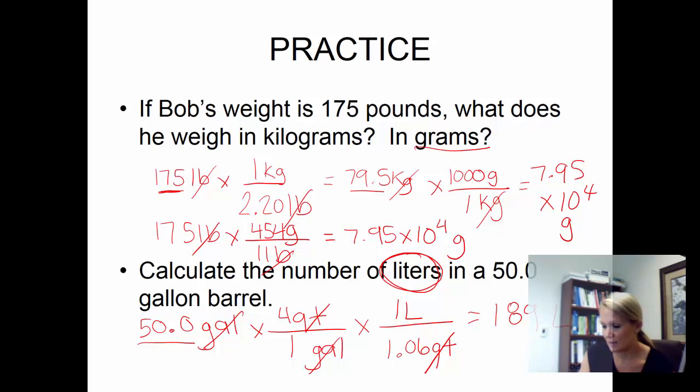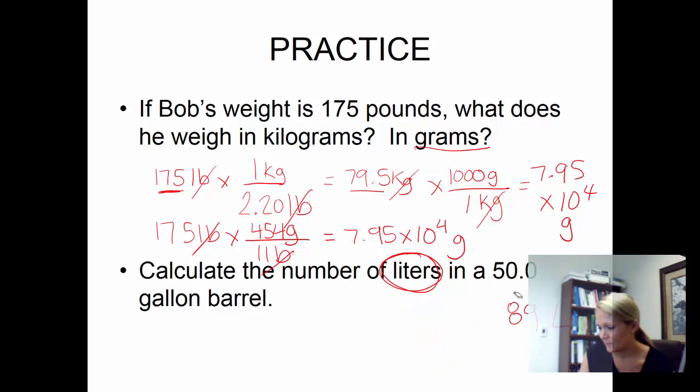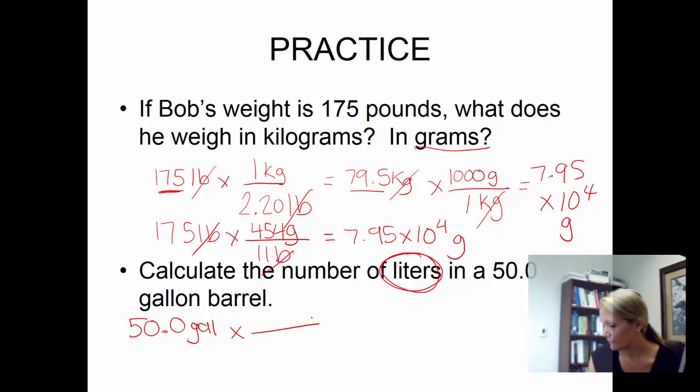If y'all bear with me real quick, I'm going to erase this. Okay, so there's another way, and both ways are fine. In 1 gallon there are 4 quarts. So I'll do the same thing there that I did earlier.